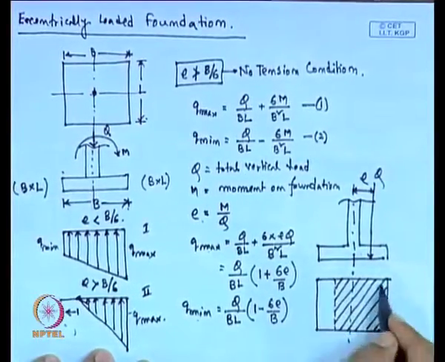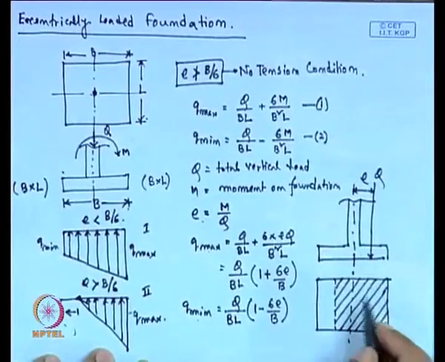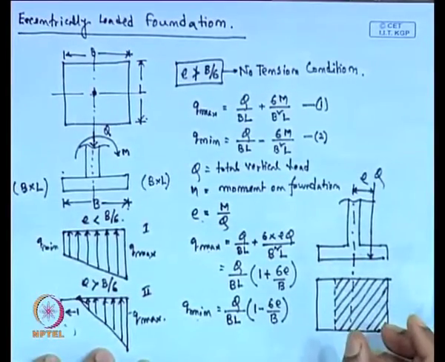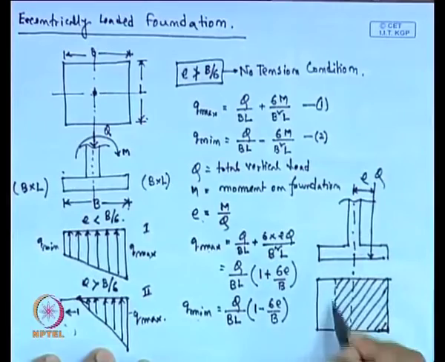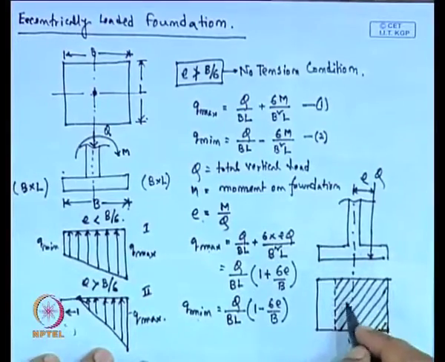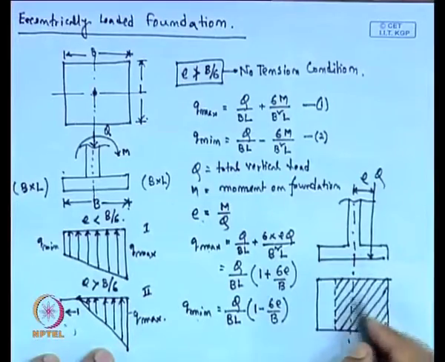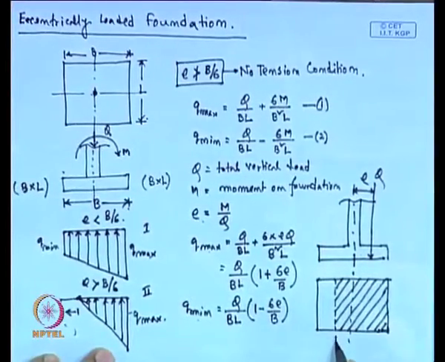It is considered that this hatch zone is effectively taking the load, and this white portion is not taking load. So, when we calculate the ultimate load carrying capacity using this expression, instead of using B, we have to use this value B dash.